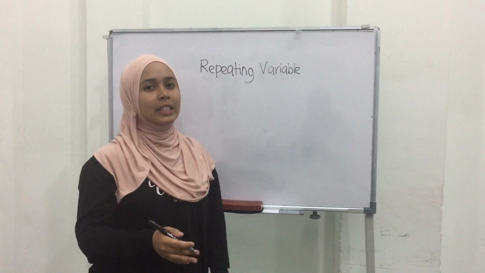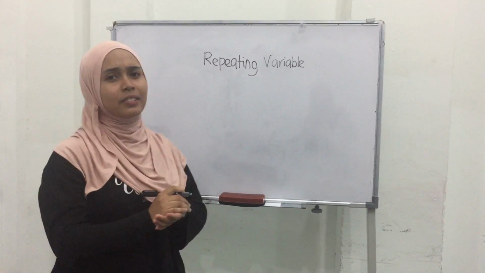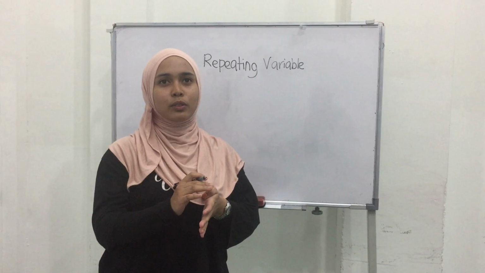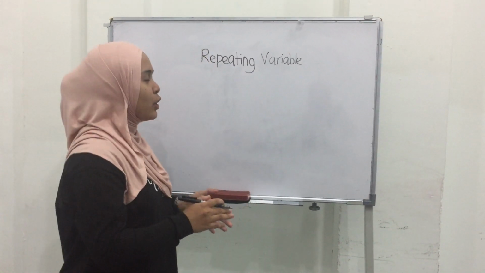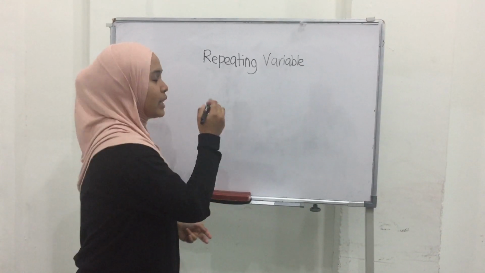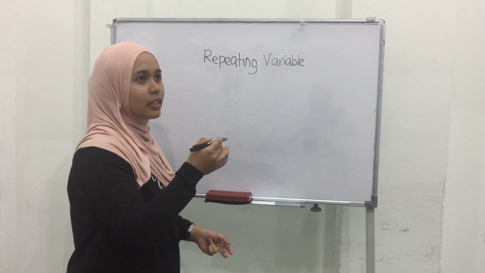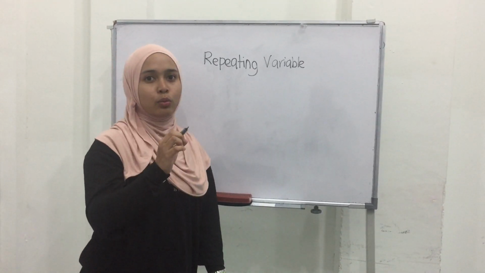What I understand about repeating variables is that repeating variables are a set of variables that cannot form a dimensionless group, which is, if we use the variables and cancel the units, the value is zero.